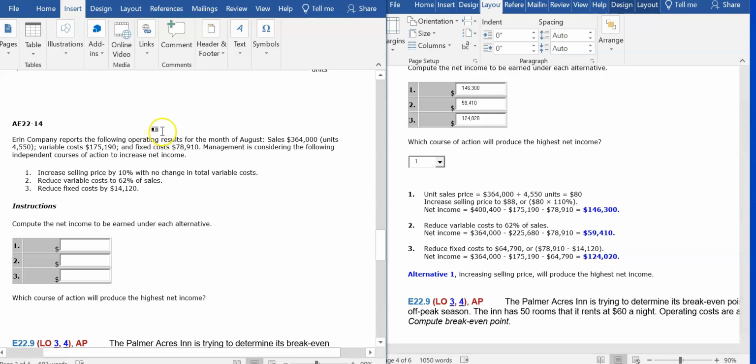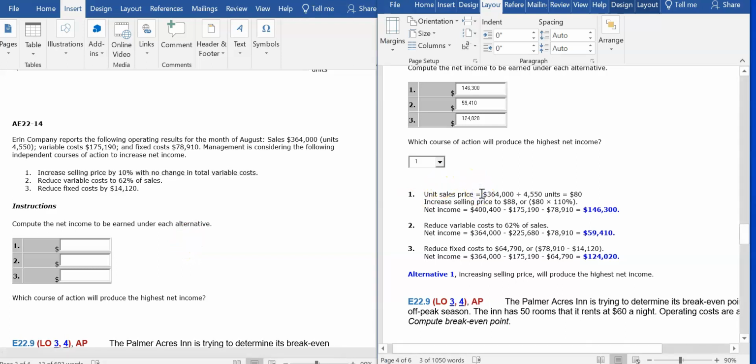The easy thing to do is to take the August results and incorporate these changes. If we increase the selling price, the current selling price is $364,000 in sales divided by the number of units, current selling price of $80 per unit. If we increase the selling price to $88, which is 10% higher, or 110% of the current selling price.